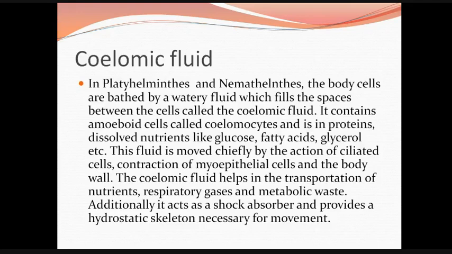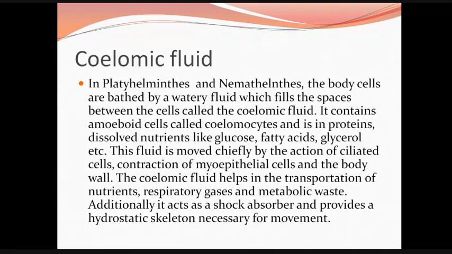So what is going to happen now? There is a need to circulate this fluid. So how will the circulation of this fluid take place? This will have the amoeboid cells, or you can say the coelomocytes. Now how will the action of movement come across? So there are ciliated cells.